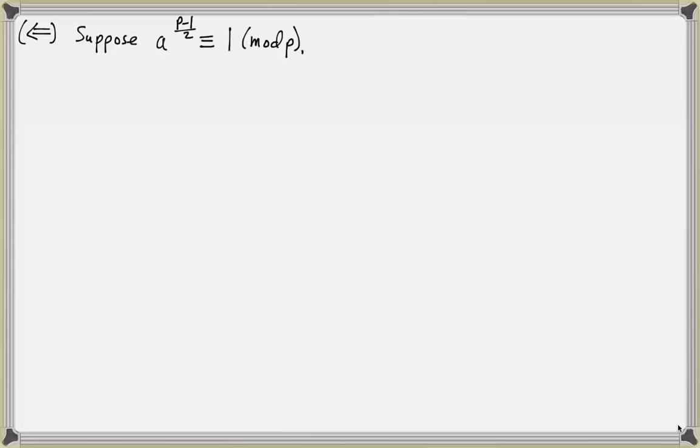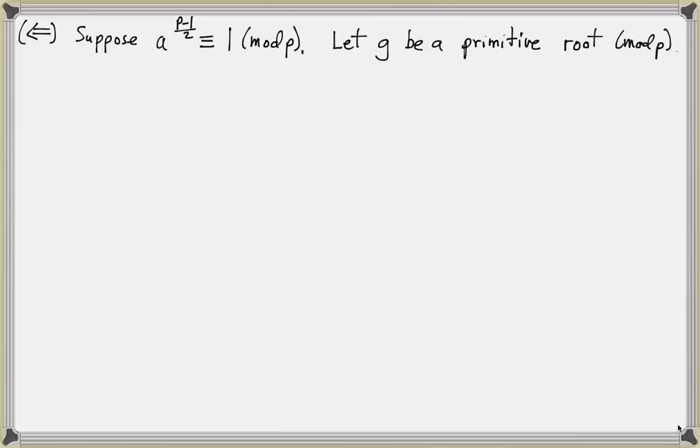So therefore I can write a as a power of a primitive root. So first let g be a primitive root mod p. We know that g exists, and then we know that the powers of g generate all the integers that are relatively prime to p.